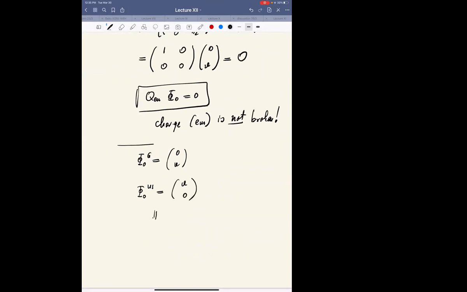Now it seems, look at the Q electromagnetic now acting on phi_0, which is (1, 0, 0, 0) on (v, 0), apparently non-zero. So what is going on? Is Goran stupid? Are we stupid? What's going on? Now, Q electromagnetic is broken.